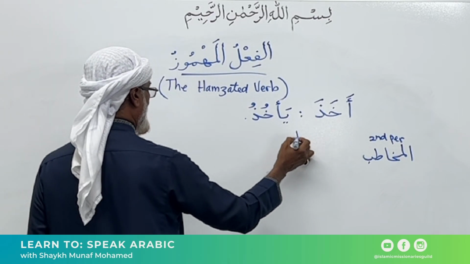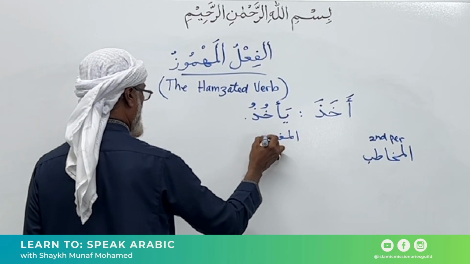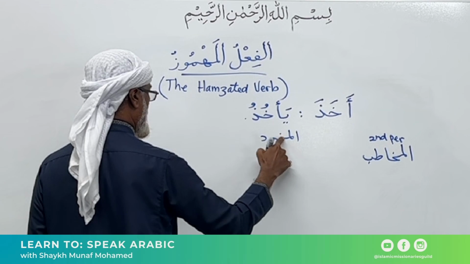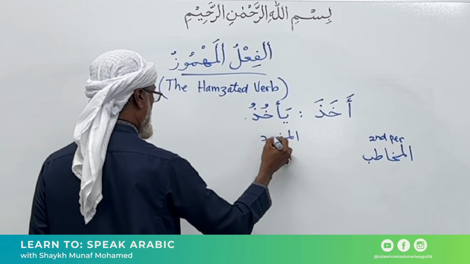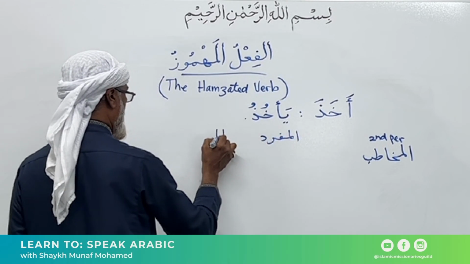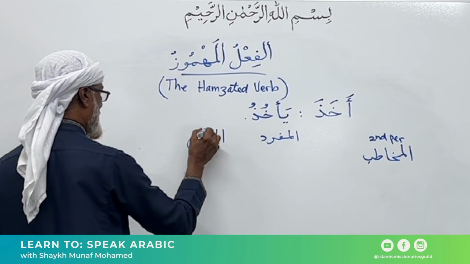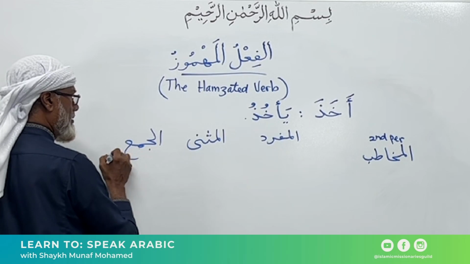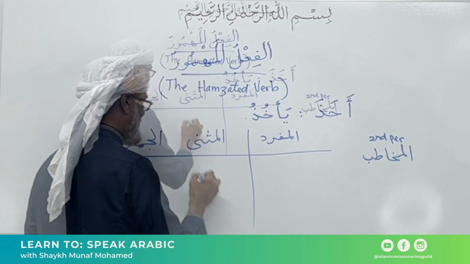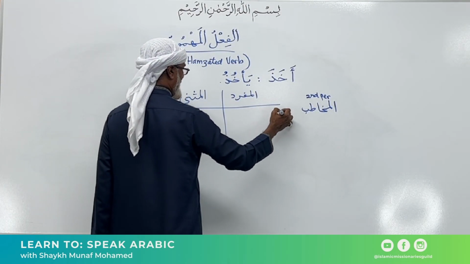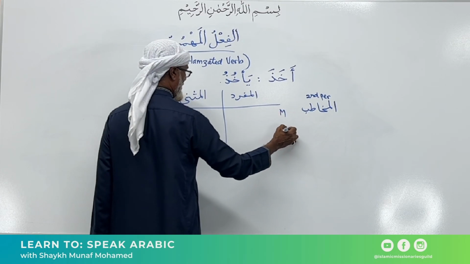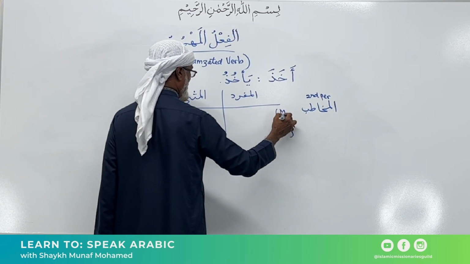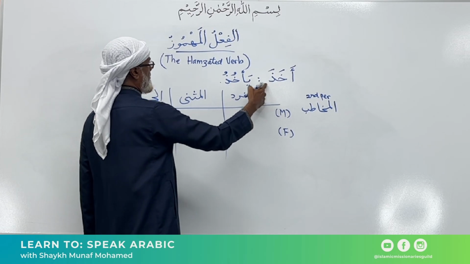And we have al-mufrad, al-muthanna, and we have al-jam. All right? And we have masculine, and we have feminine. So this is our verb here.